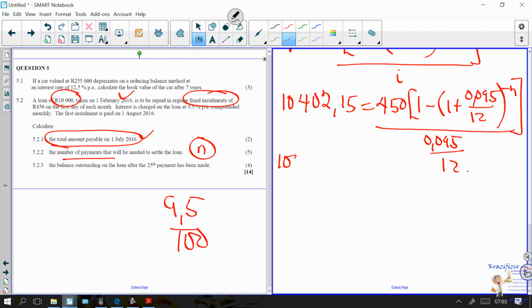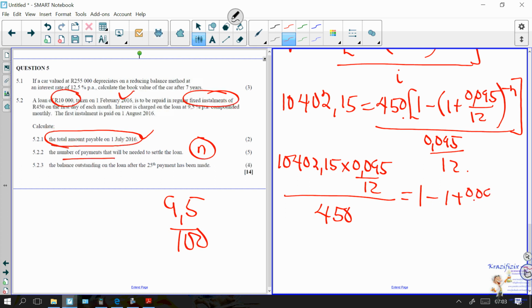Cross multiply this. You are going to have 10,402.15 multiplied by 0.095 over 12. And then we can divide by 450. That should give us 1 minus (1 plus 0.095 over 12) to the power negative n.